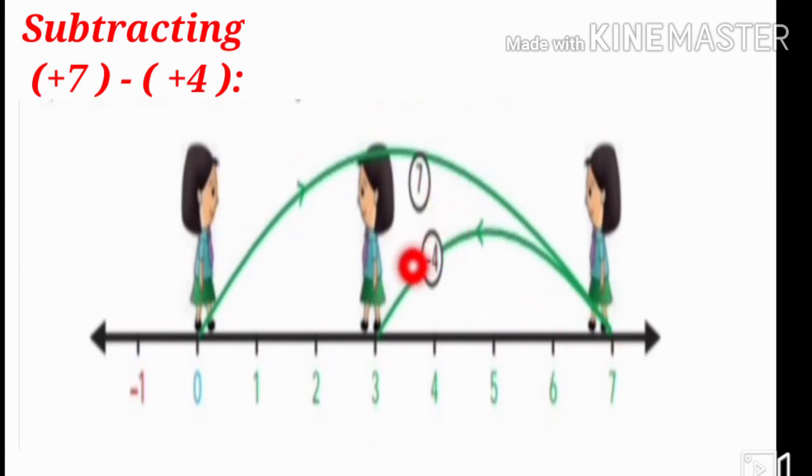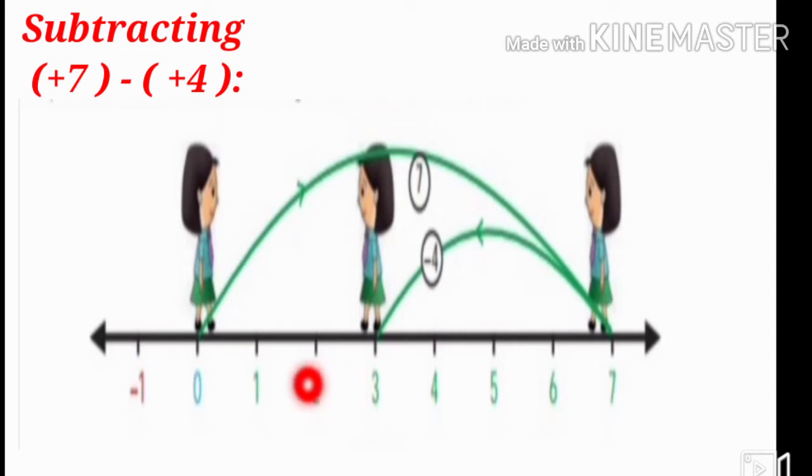For the negative sign, turn to the negative side and see the second operand. Here, the second operand is plus 4, which is a positive integer. So, we have to move 4 steps forward in the negative side.